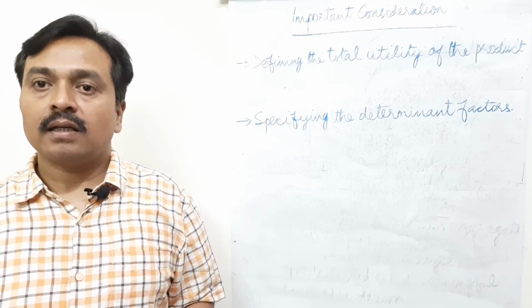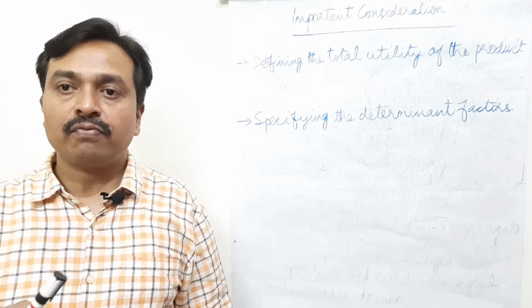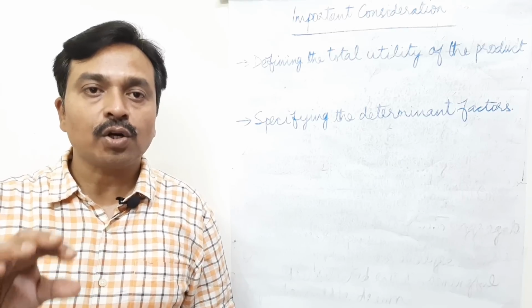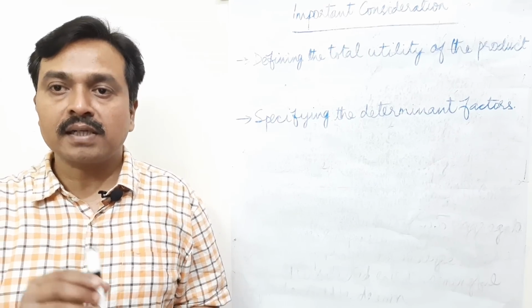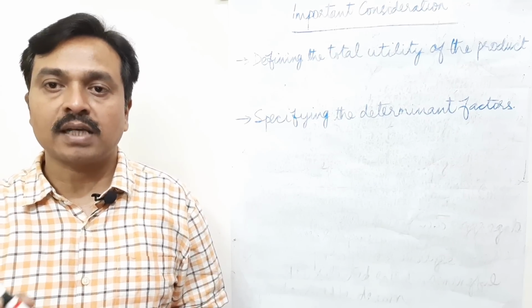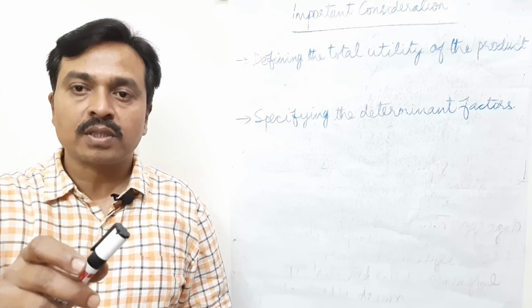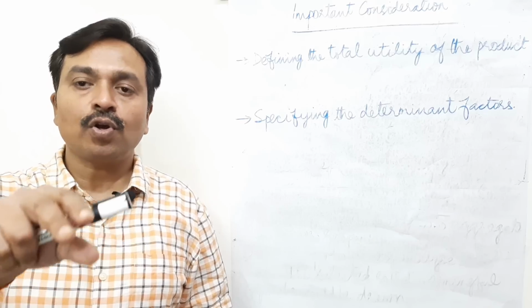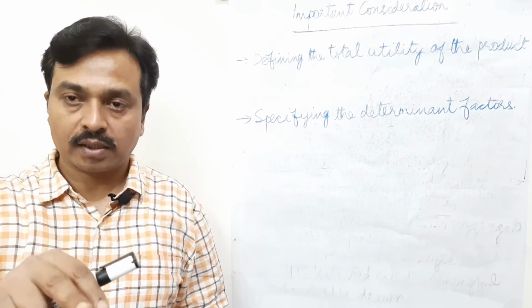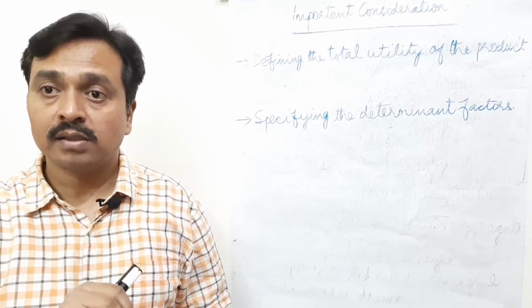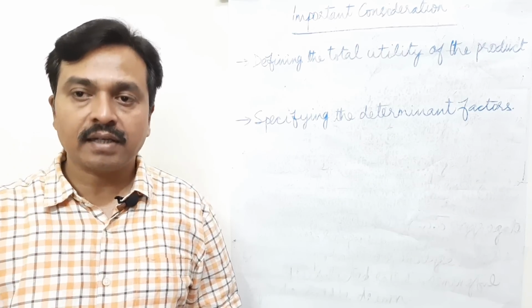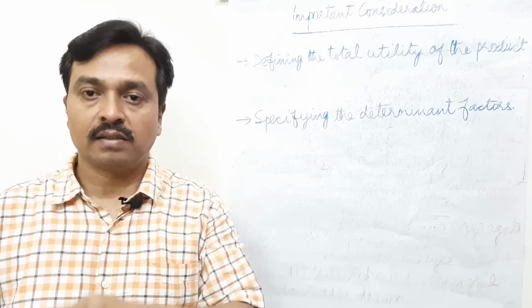The researcher must first be sure to define the total utility of the object. To represent the respondent's judgment process accurately, all attributes that potentially create or detract from the overall utility of the product should be included. It is essential that both positive and negative factors be considered.